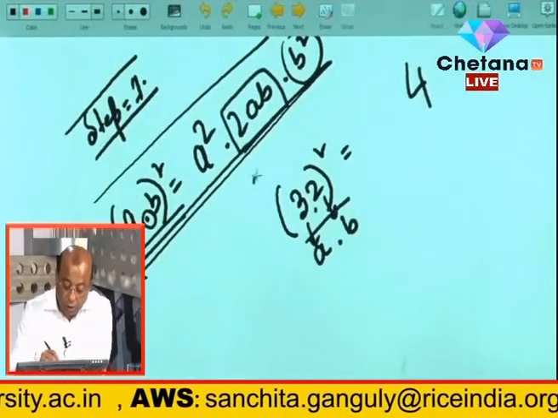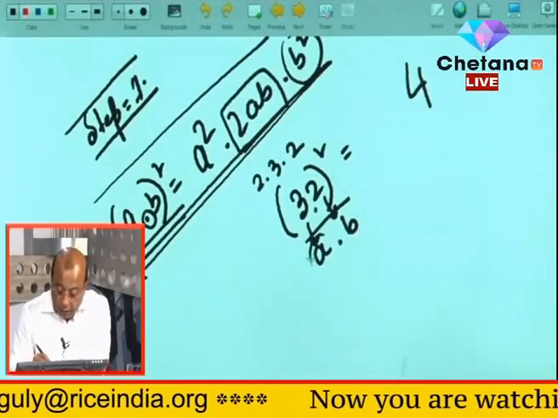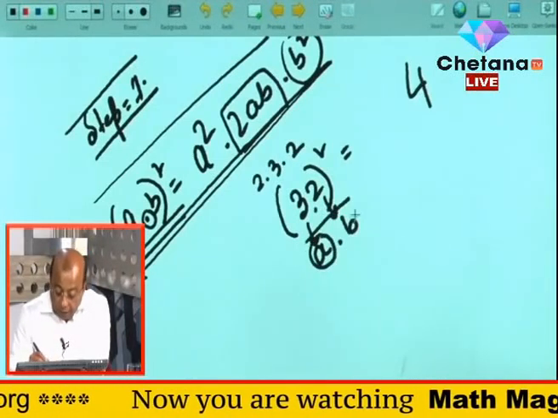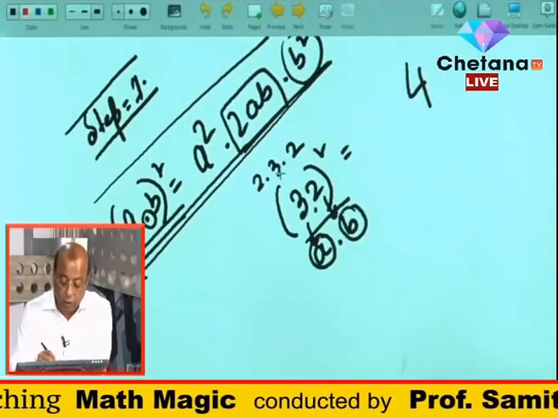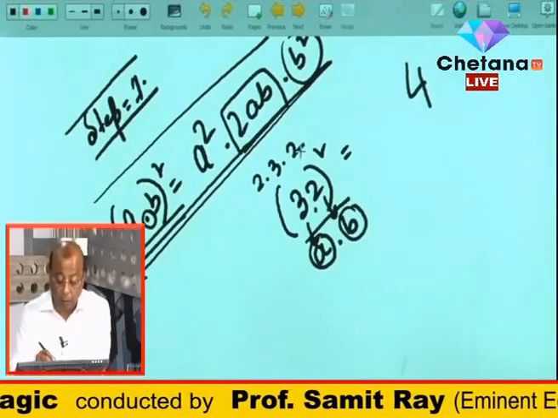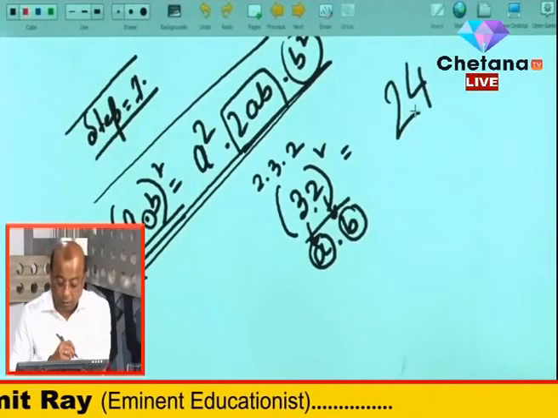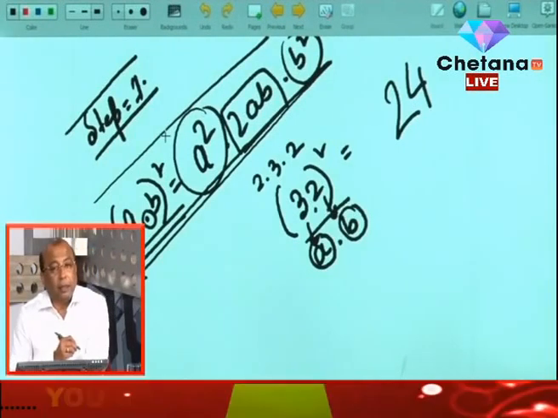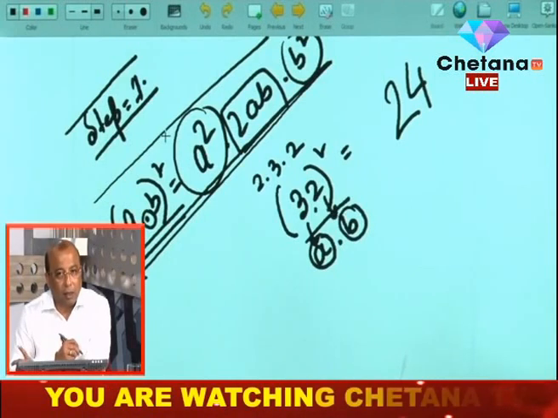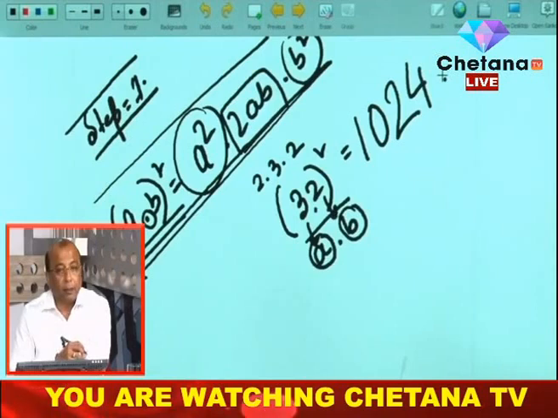That means 2 into 3 into 2, because a is here 3 and b is here 2. 3 into 2, 6, the double, that is 12. 1 in hand. Next, again a square, that 3 square, that is 9 plus 1, that is 10. That is the answer. Right?